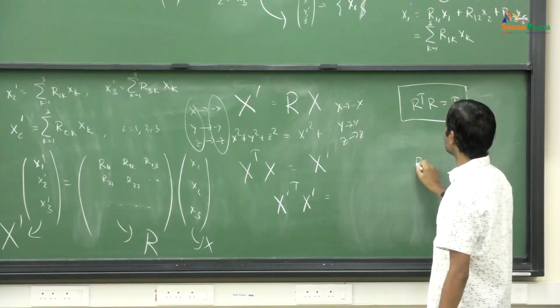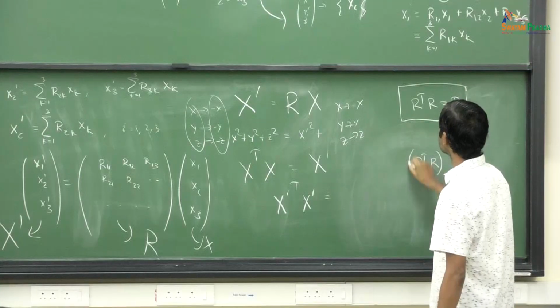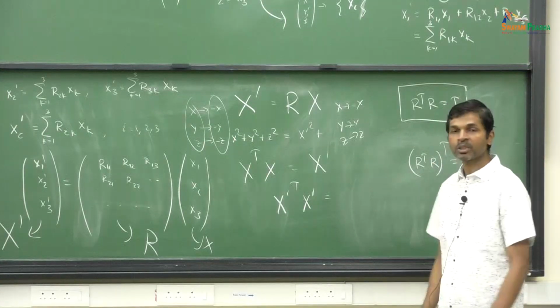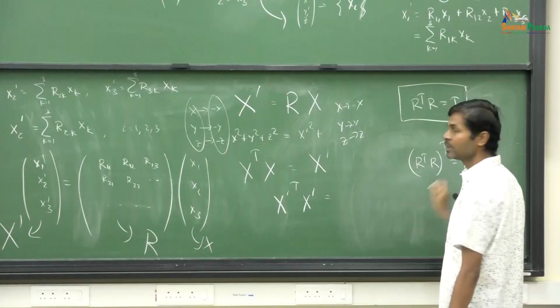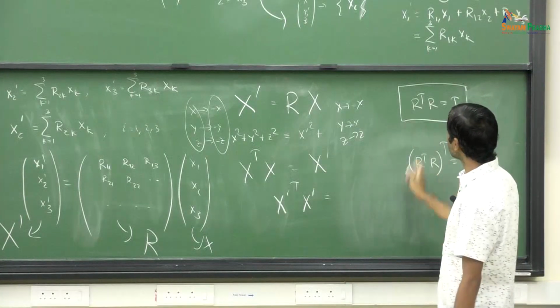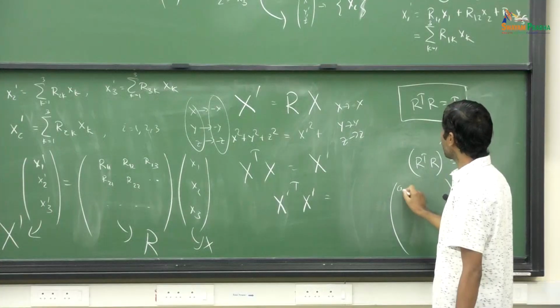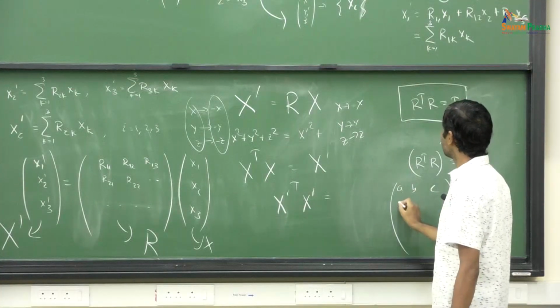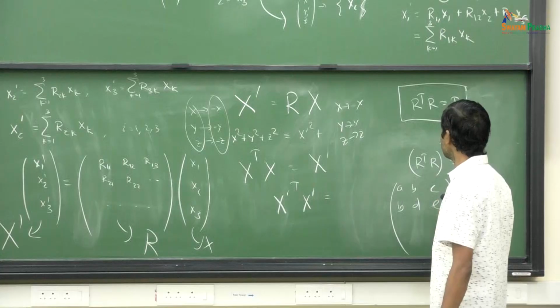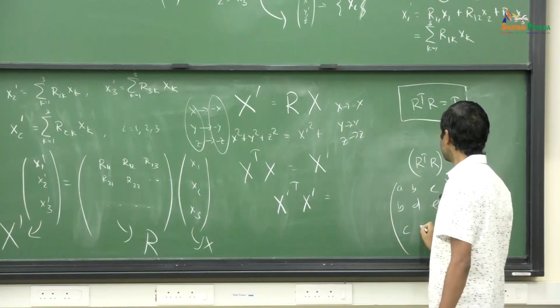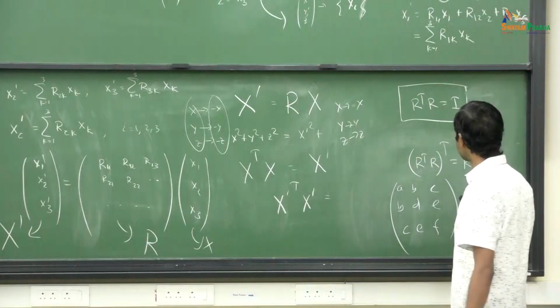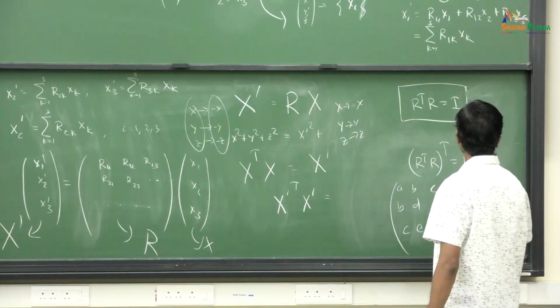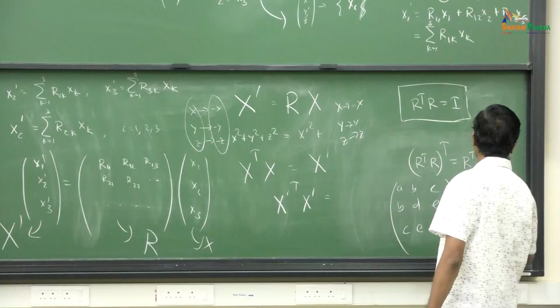R transpose R is a symmetric matrix. If you take its transpose, it will again be R transpose R. So it has this form, A, B, C, B, D, E, C, E, F, and this will be 1 0 0 0 1 0 0 0 1.